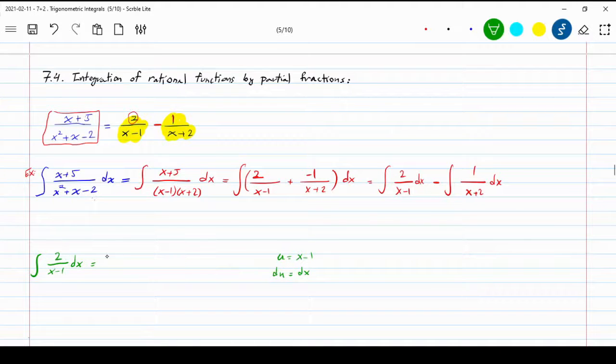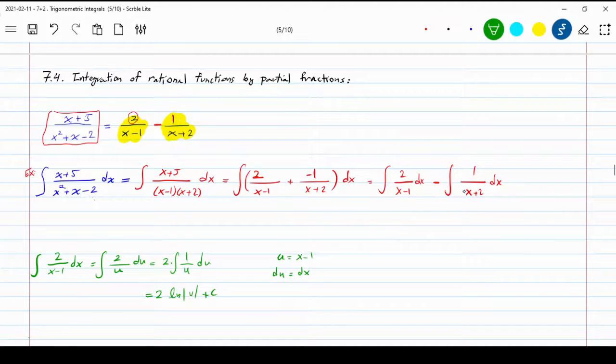So this integral becomes the integral of 2 divided by u instead of x minus 1, and dx turns into du. Let me do it step by step so you don't miss anything: 2 times the integral of 1 over u du, and this is simply 2 times ln of the absolute value of u plus c.